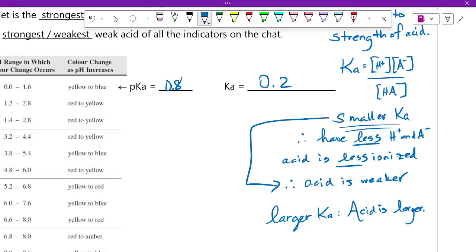Yes. Oh, stronger. That means I stopped paying attention to what I was writing and my brain just wrote something. The acid is larger. Whoa, I'm a big fat acid. I'm the sumo wrestler of acids. Okay.